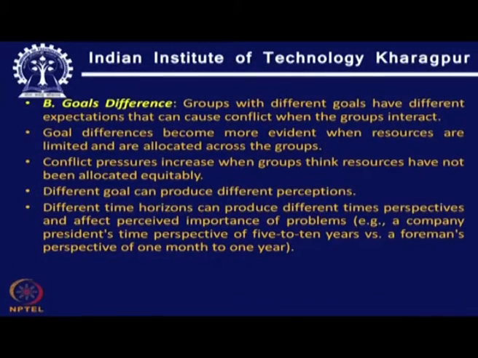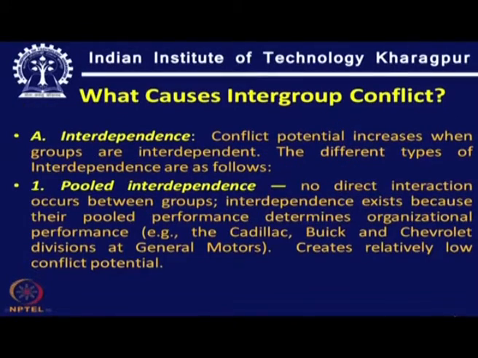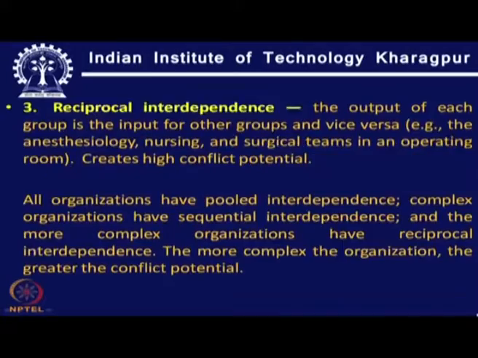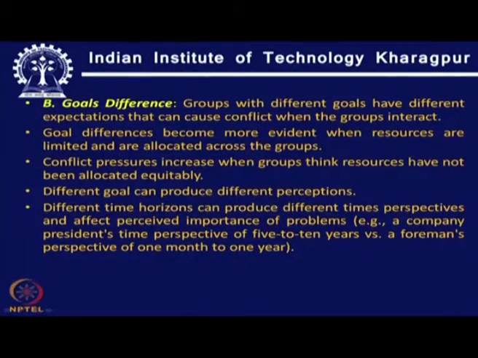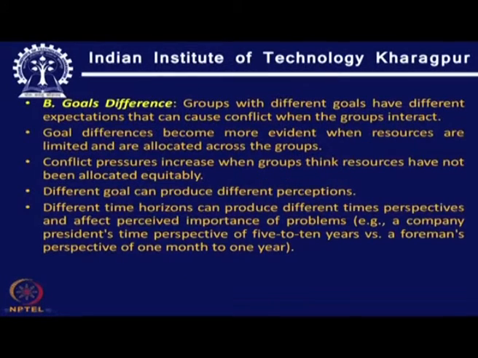Next is goal differences. So we talked about interdependence, one of the factors which leads to intergroup conflict. First we have discussed interdependence. Next we talk of goal difference.